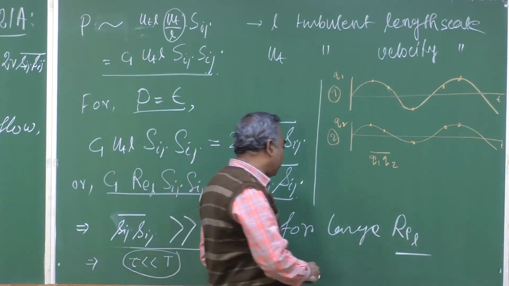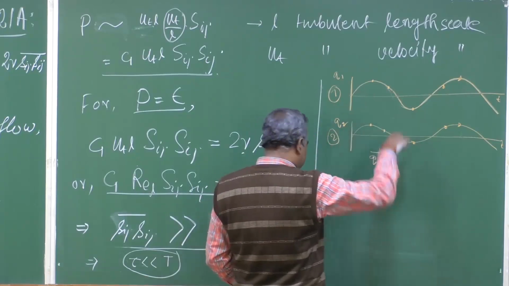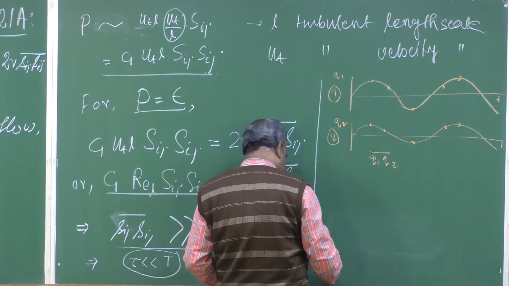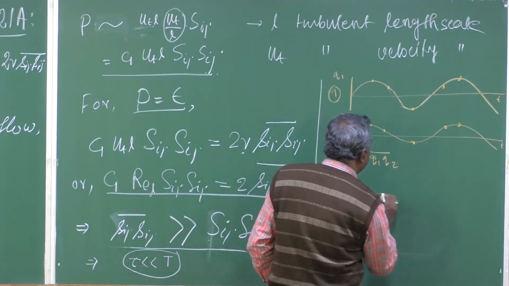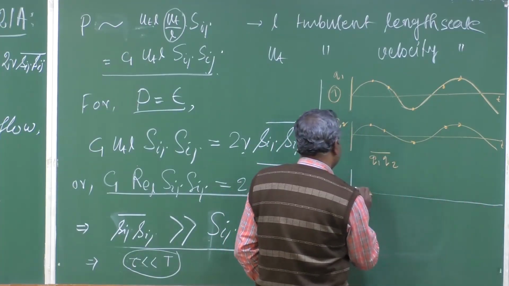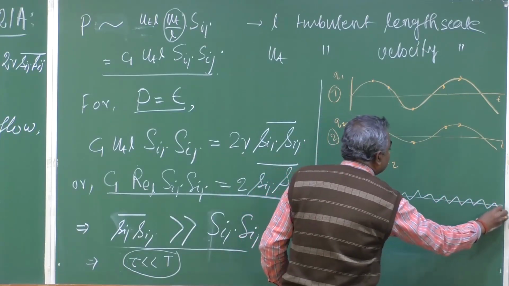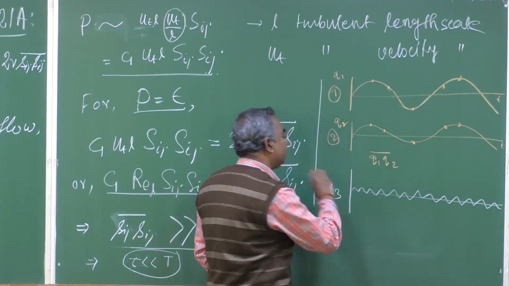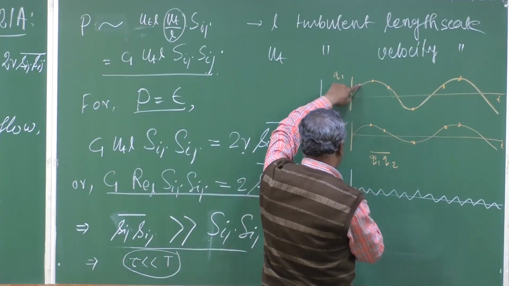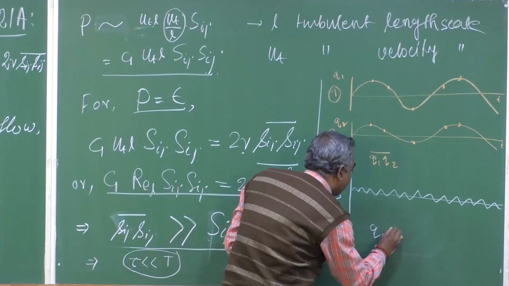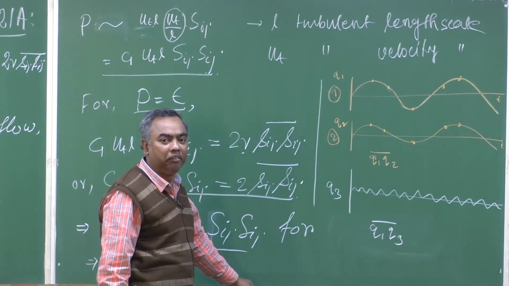Whereas, if I consider this and some other scale which is a very fine scale, let us say this is q3, and I am trying to correlate q1 and q3, this correlation will not be significant.